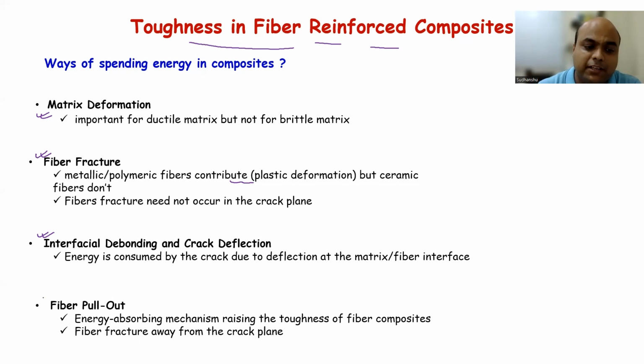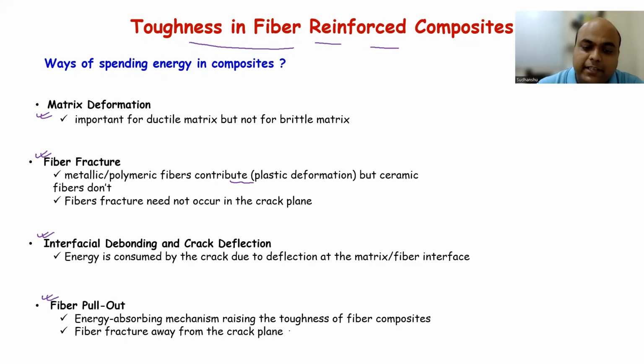Now the last one is fiber pull out. Once the fiber has fractured, you have to pull out the fibers. They will be separated and they will be pulling out of the matrix. And this pulling out of the fibers will also require some amount of energy. That means it will also contribute towards the toughness.